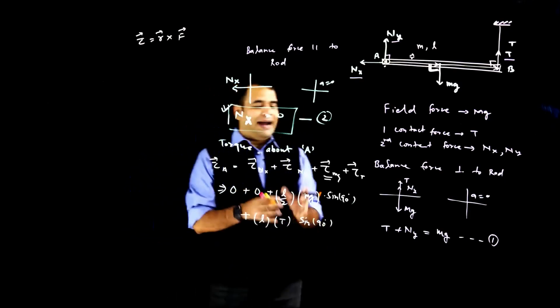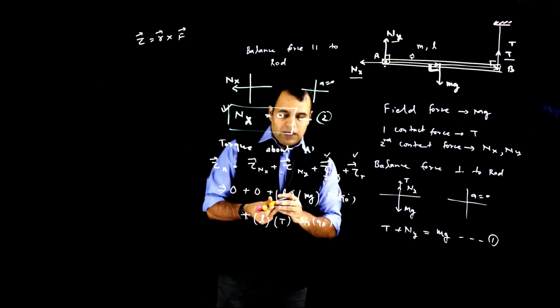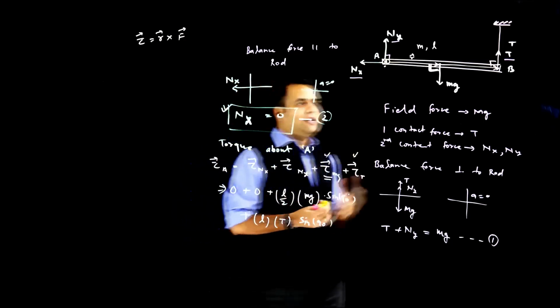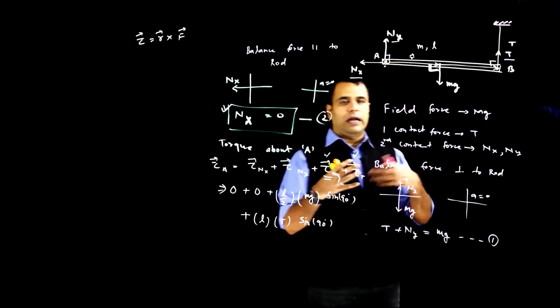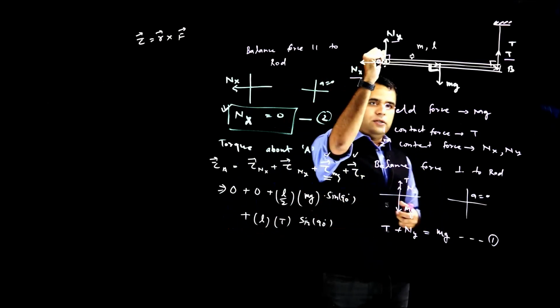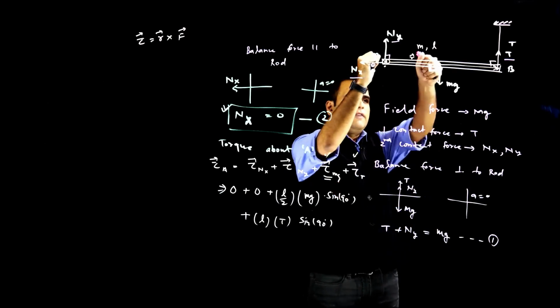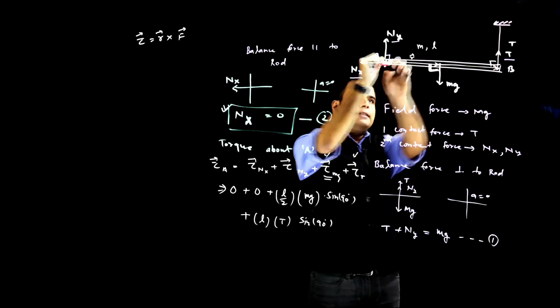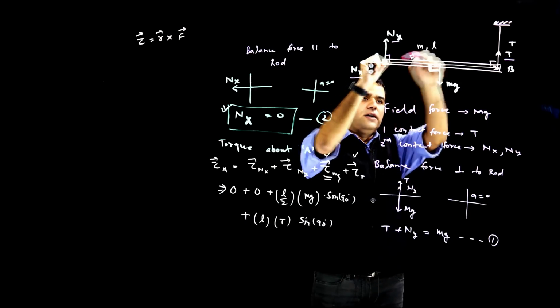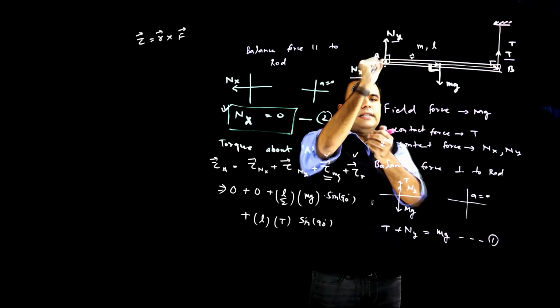Okay, so these are the magnitudes I have written, but there is this arrow, meaning direction also we have to take into account. If you remember, when we were learning how to calculate torque, I taught you a trick: with the left hand you hold the axis, and with the right hand you move the force. So if I'm moving the force while holding the axis, assuming this is a rod, this is a clockwise movement.